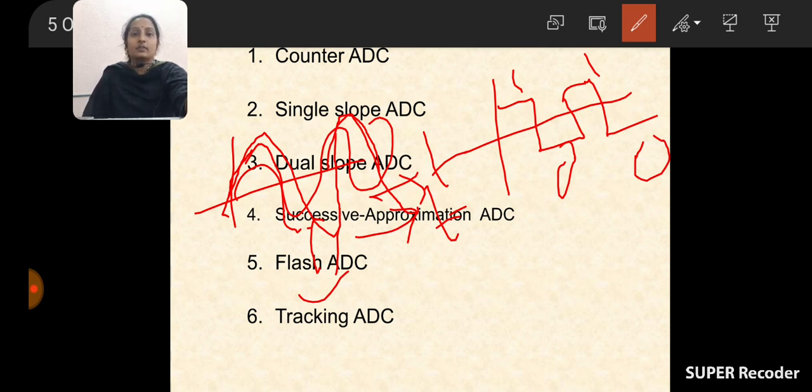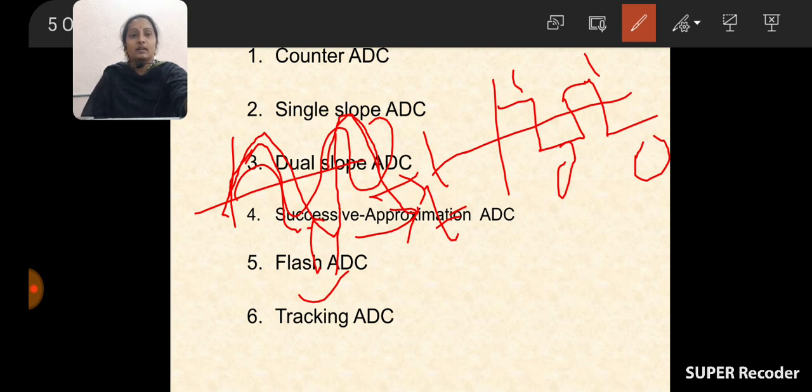The amplitude of these signals is continuously varied with the time period. Either there will be an increment or a decrement, continuously changing with time. While coming to the digital signal, it has only two levels, high level as well as low level. High level is indicated with binary bit 1 and low level with 0.